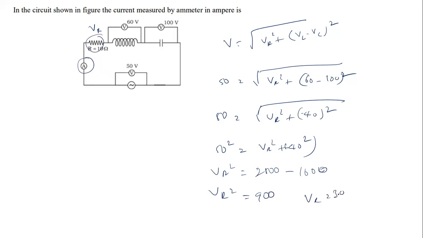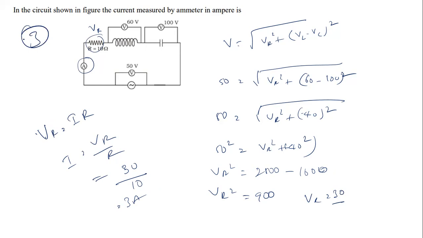VR is equal to 30. So potential drop across R is equal to I into R. I is equal to VR by R, 30 by 10, 3 ampere. Clear. So the answer is 3. So with this the paper is over.